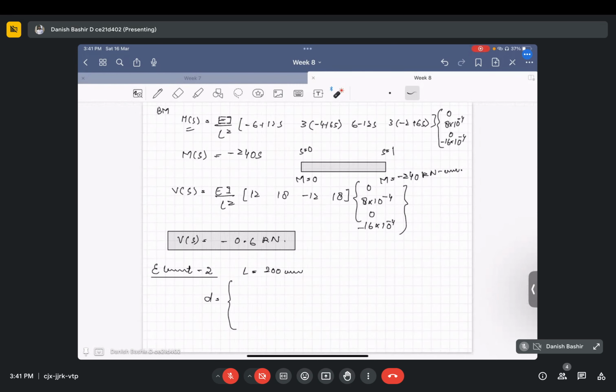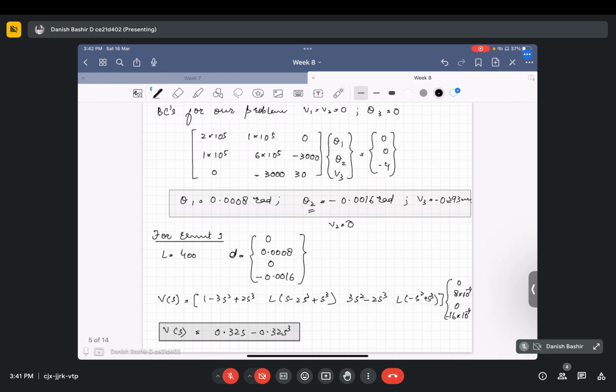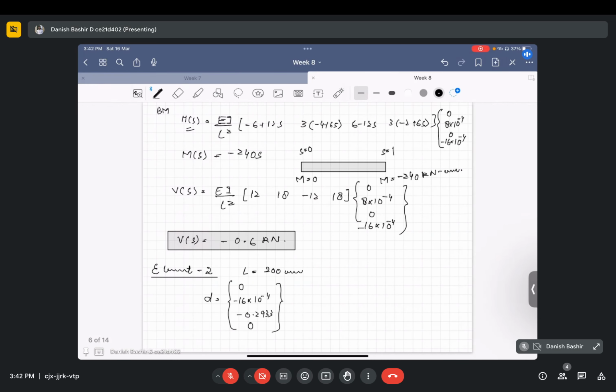So I will write down that nodal solution. Nodal solution is 0, minus 16 into 10 to power minus 4, another is minus 0.2933, and the last rotation theta 3 is 0. Similarly, what we do here for the displacement, bending moment and shear, we will get all three equations.